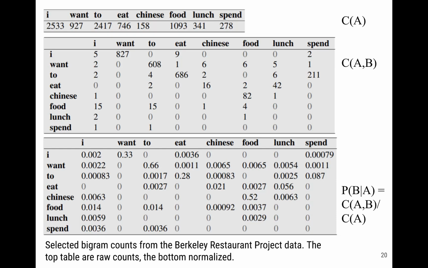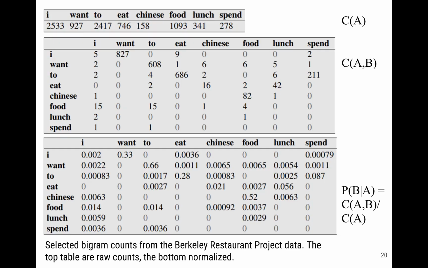So it turns out that, for example, the word I follows the word I, 5 times. That's some anomalous behavior, but it happens. More frequently, you'll see the word want followed by the word I, as in I want, or want to. You'll see that frequently, to eat, and so forth. The table below it is a normalization of the table above, where every raw count is divided by the prior on the left side, as it were.